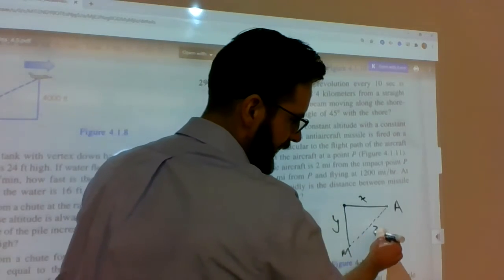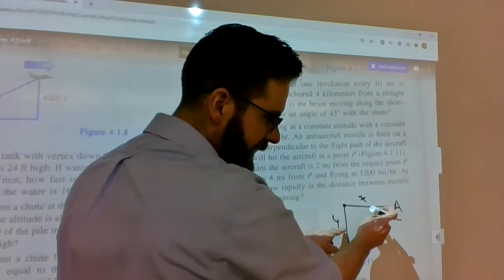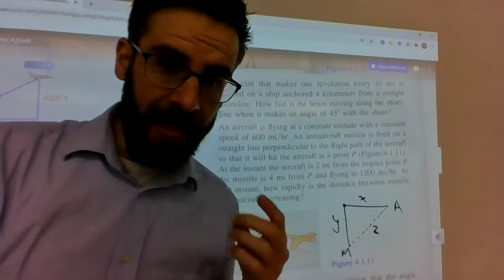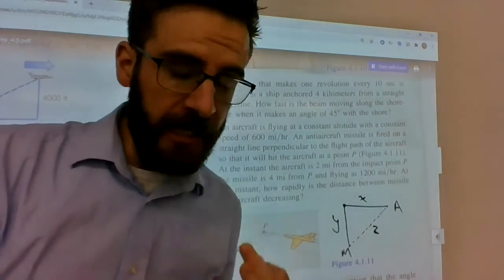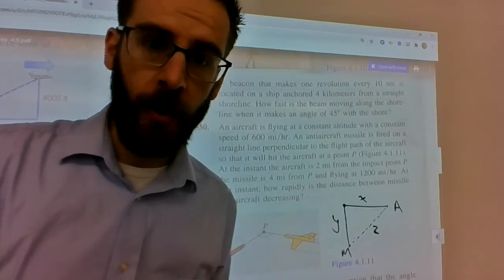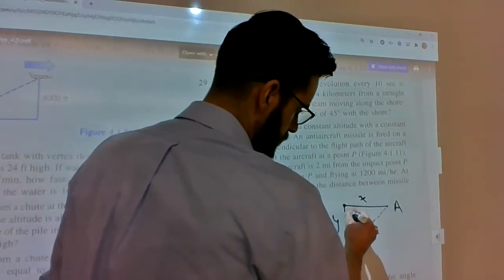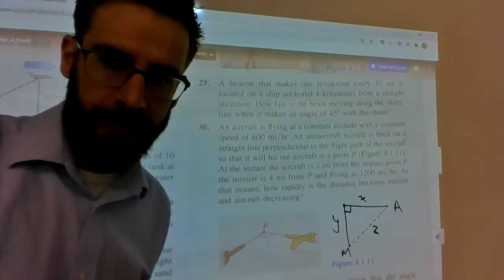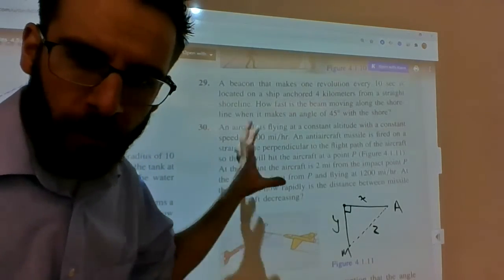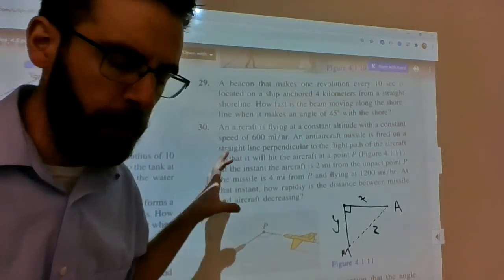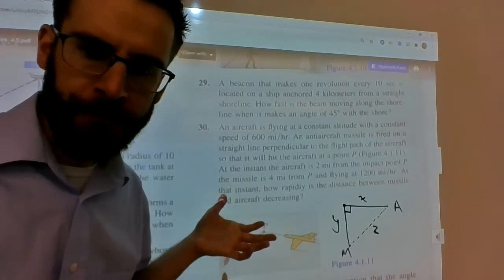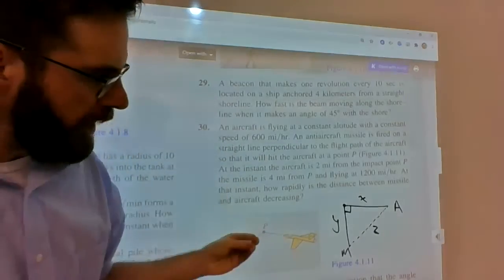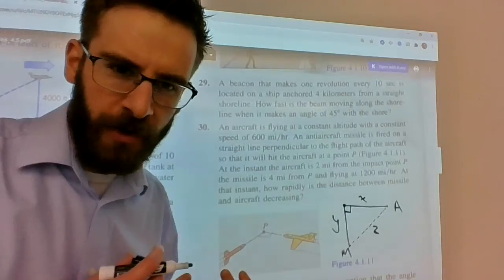So, as the airplane gets closer to the point D, we could call it X, dx dt gets smaller, dy dt gets smaller, and dz dt also gets smaller. So we've got 3 different variables, 3 different rates of change. A lot's going on here.